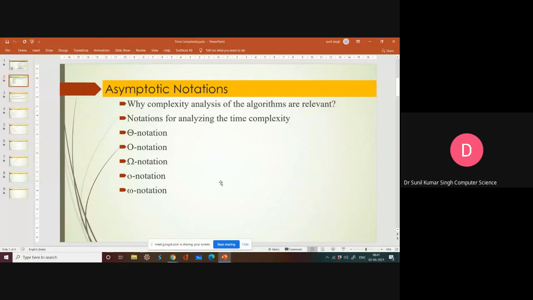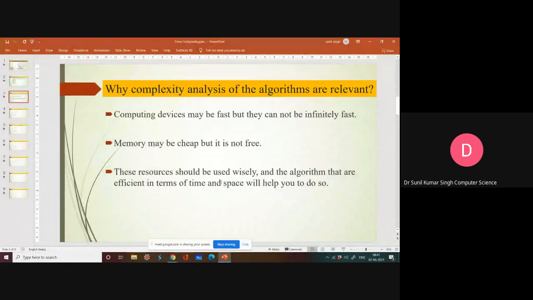After spending a very nominal amount of money, we are able to get significant storage. Computing is comparatively costlier than storage, but both are relevant.